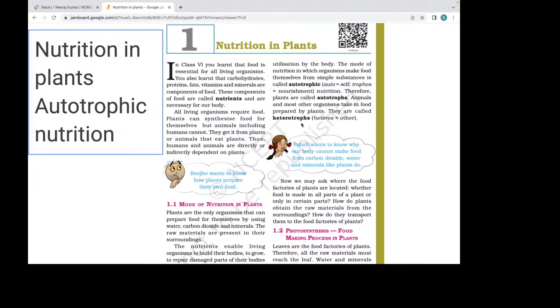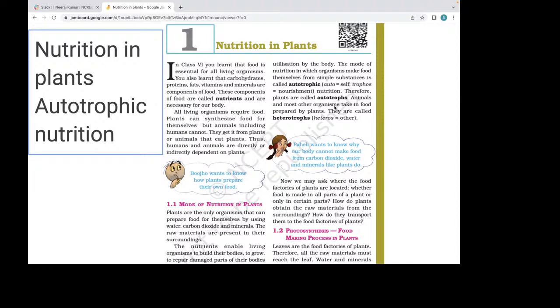They are called heterotrophs. So what do animals do? Animals and human beings both depend on plants for their nutrition. So that is why the mode of nutrition in us and animals is called heterotrophic nutrition, and we are called heterotrophs.